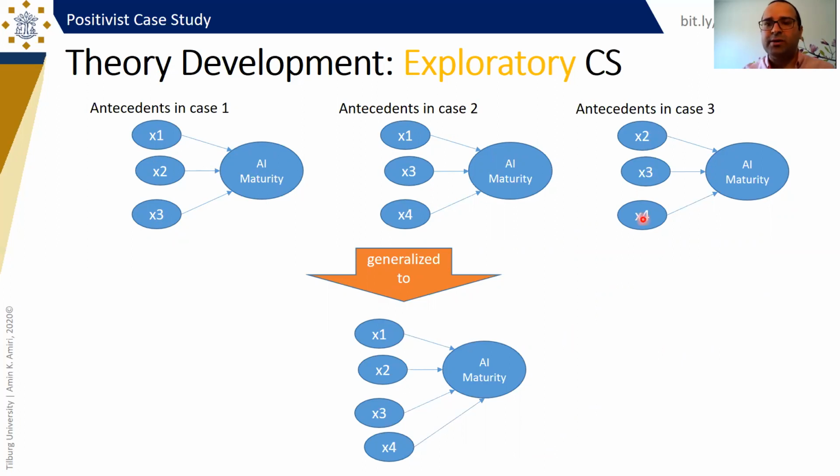Then in her data analysis chapter, she generalized all these different cases into this model, X1, X2, X3, and X4 with AI maturity. So this is theory development activity, and you call this exploratory case study.